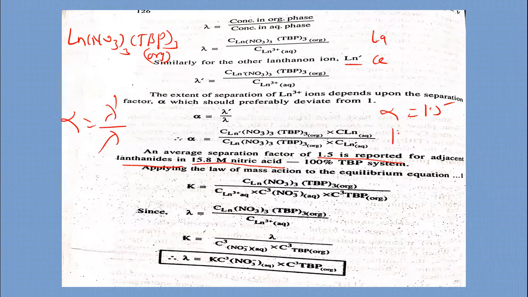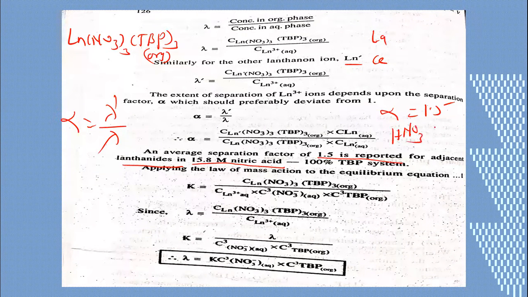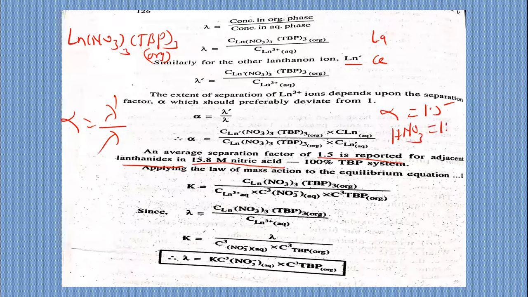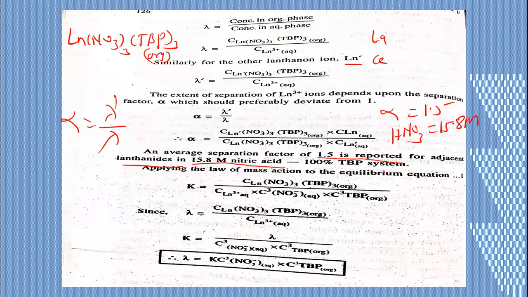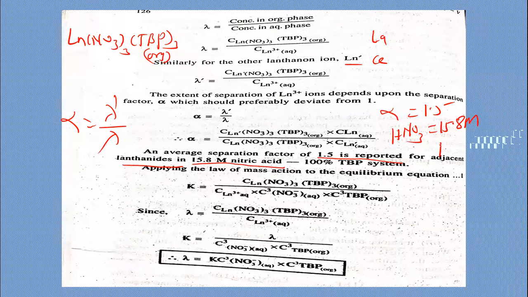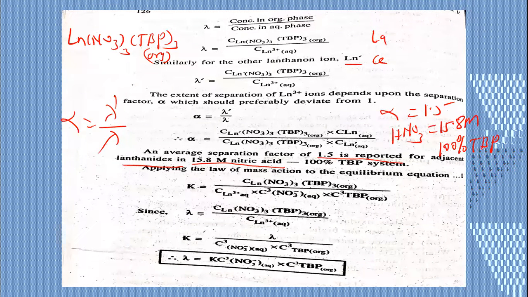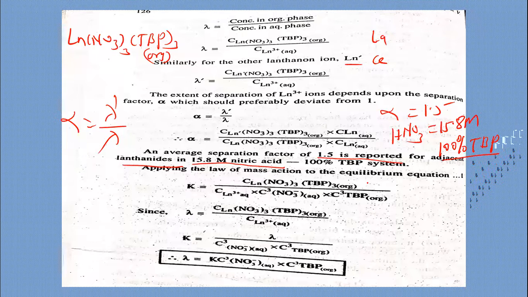What is the concentration of the nitric acid? Very high concentration, 15.8 molar, with a 100% TBP system. So TBP should be 100%, and this separation factor alpha has been reported.